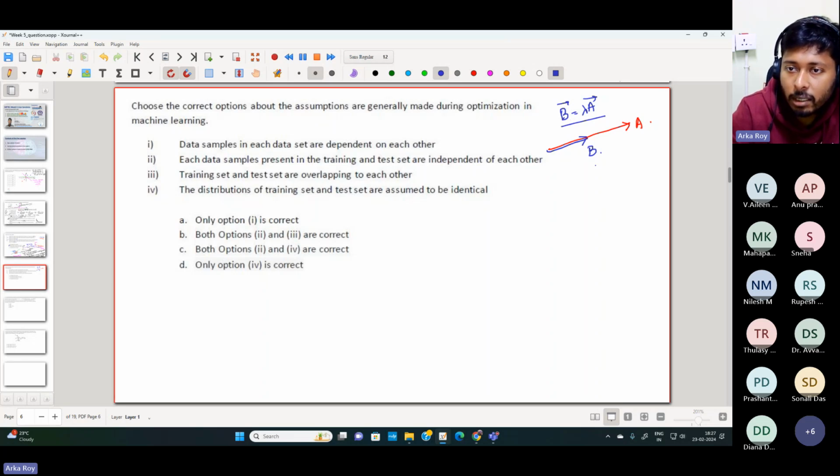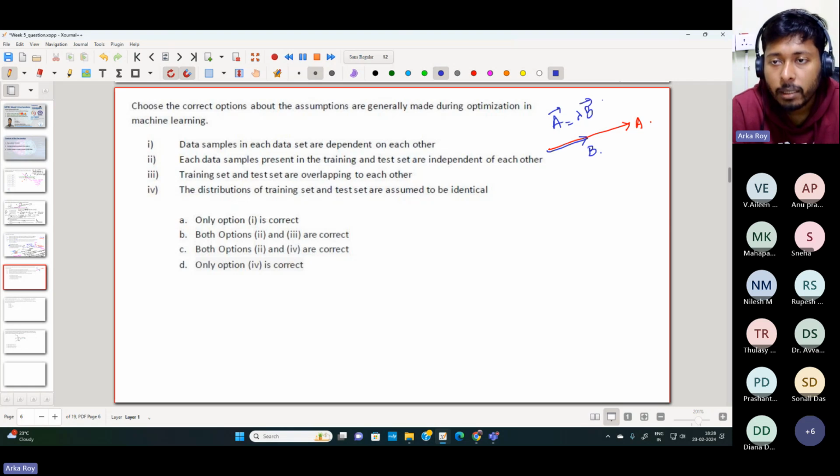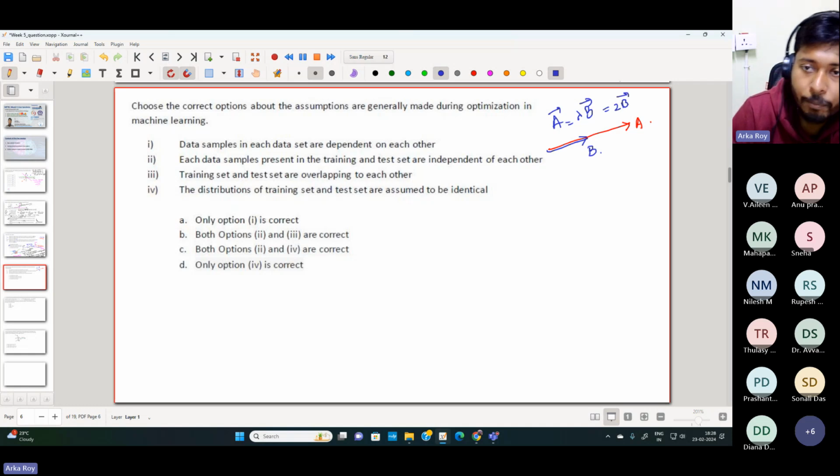Let's say A is twice of B. So you can write A is lambda into B, and in our case, let us consider lambda is 2, so this is twice of B. We can observe that the vectors are collinear, and because I can write A in terms of B, that means they are dependent also.